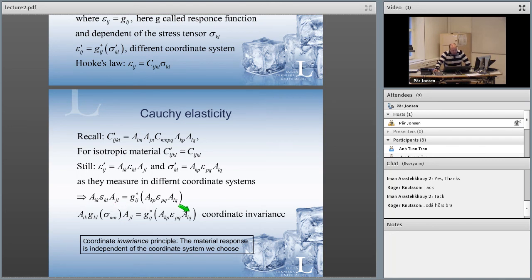So you will have this relation here, but you have a coordinate invariant for isotropic material also. So that means that the material response is independent of the coordinate system. It's exactly what I said. If you rotate it in the system, it doesn't matter. The material is the same. The only thing that changes is how you measure your strain and your stress.